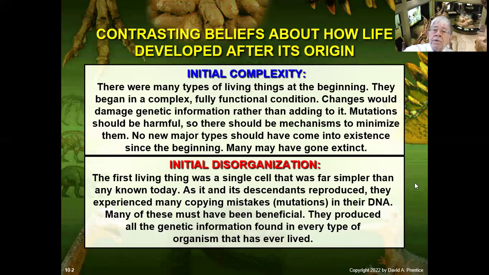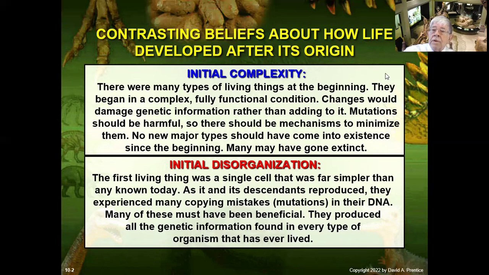So there should be mechanisms to minimize mutations. There should not have been any new major types that have come into existence since the beginning, and many have gone extinct. Notice I didn't mention Adam and Eve, Garden of Eden, original sin. That's part of it, but that's not all. There are certainly some scientific aspects to creation.